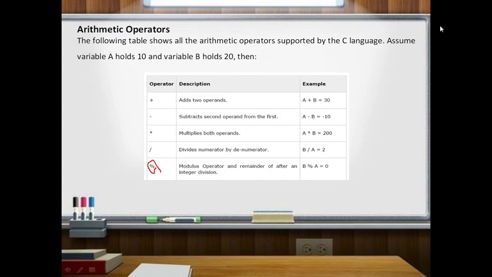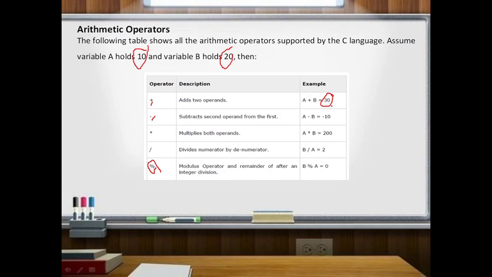We have an example: a value is 10 and b value is 20. If you consider a as 10 and b as 20, what does the plus operator do? A plus b, a value was 10, b value was 20, so it returns 30 as a result.